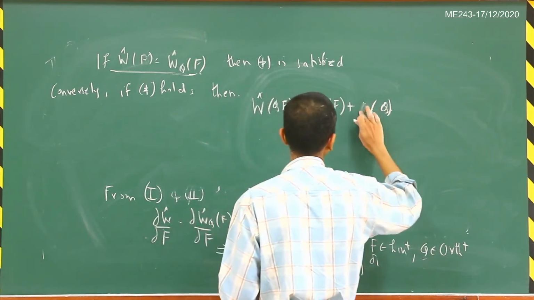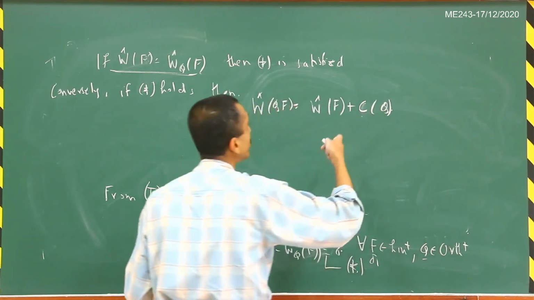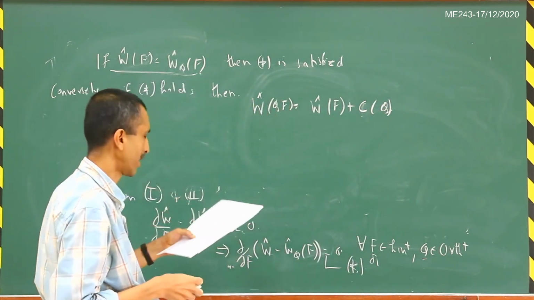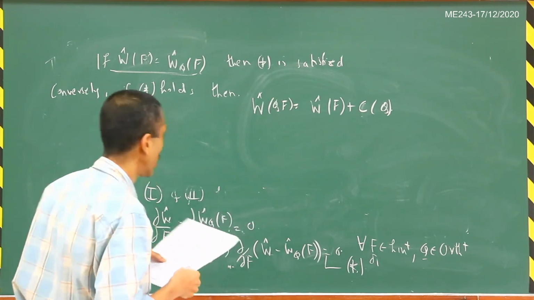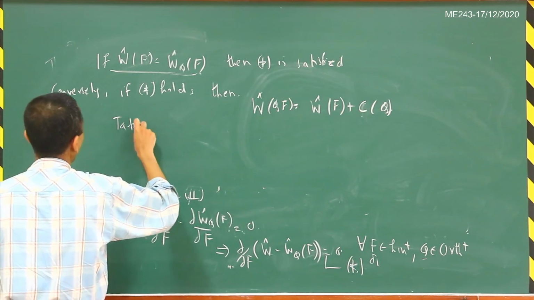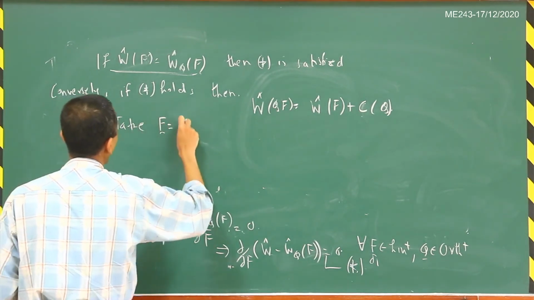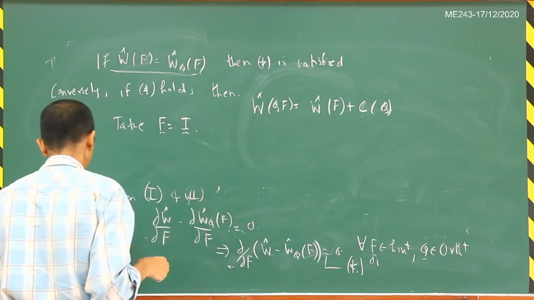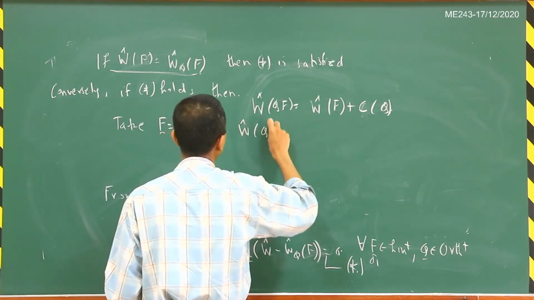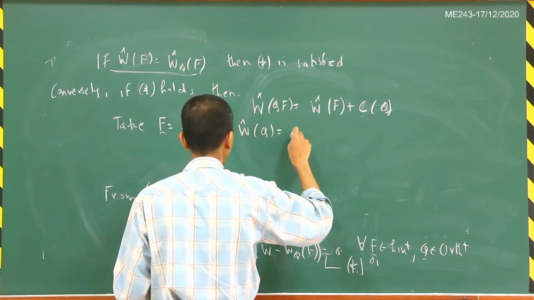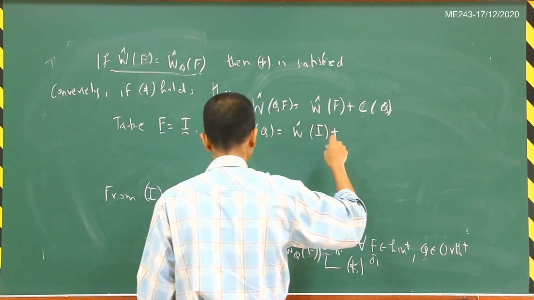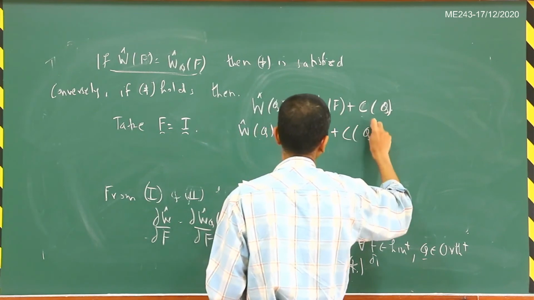Now we want to show that C of Q is equal to 0. Only then will we get this particular relation. So first you take F equal to I. Then what you get is that W hat of Q is equal to W hat of I plus C of Q. That is what you get.